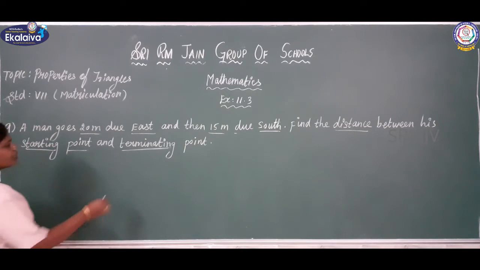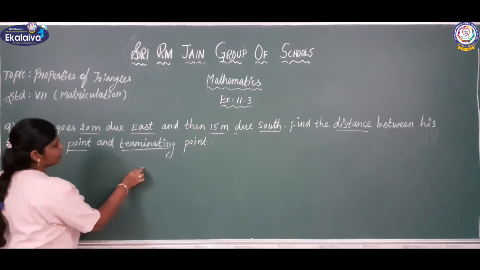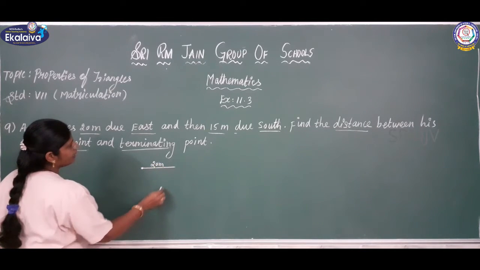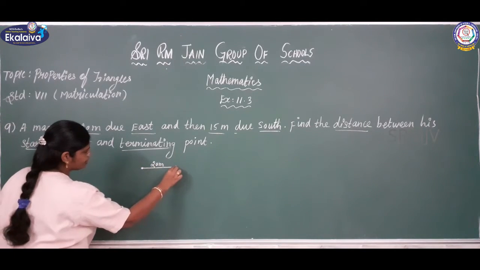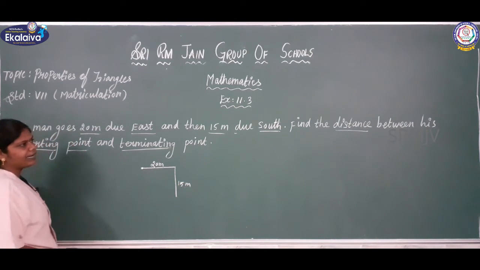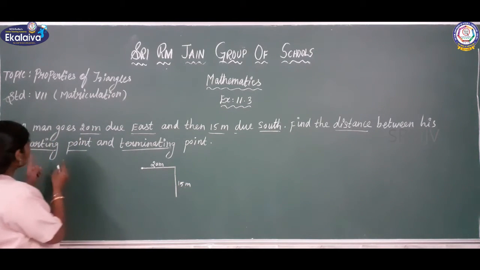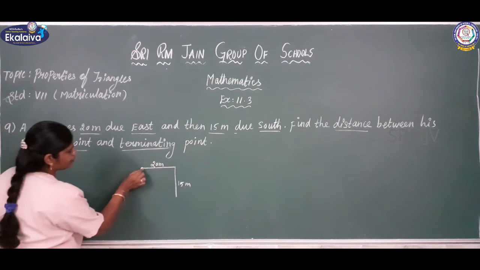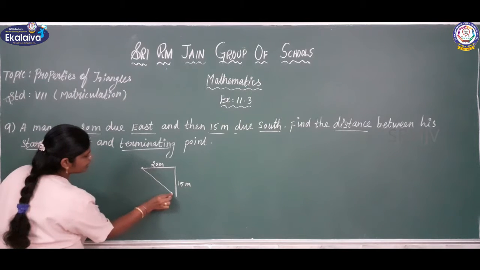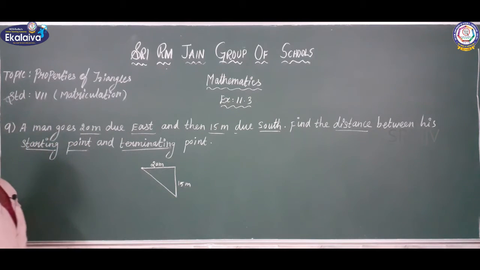So a man is standing here, goes east 20 meter, then 15 meter south. So we need to find out the distance between the starting point and the terminating point. This is the starting point and this one is terminating point. So this distance we need to find out.